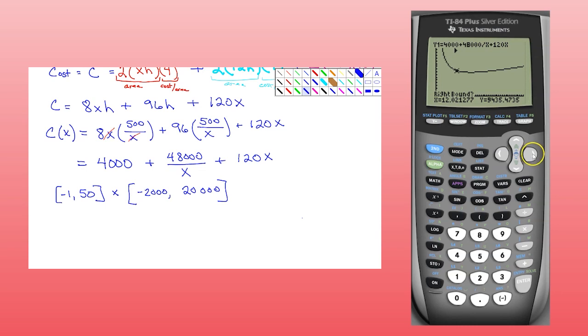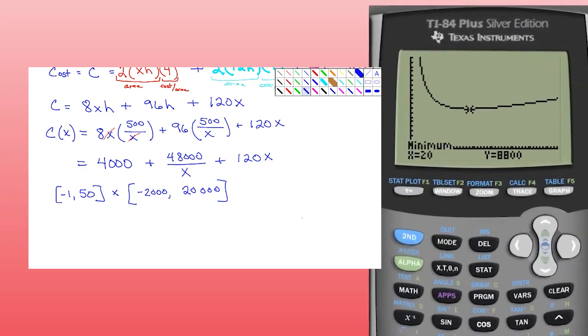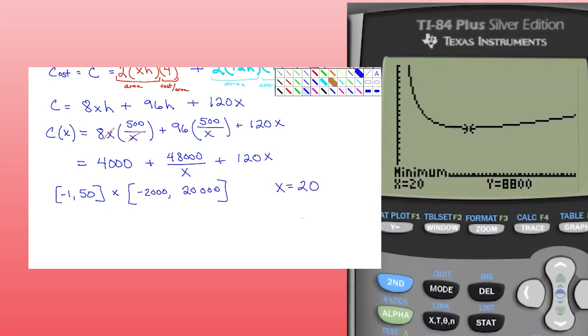And then drive the cursor through the minimum until you see it rising again. Press enter again. And for the guess, you can just press enter. It'll usually find it. And then the calculator will compute the minimum, and you can see that the x is equal to 20.